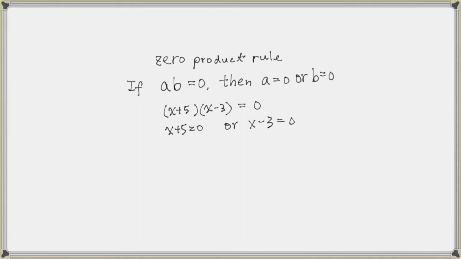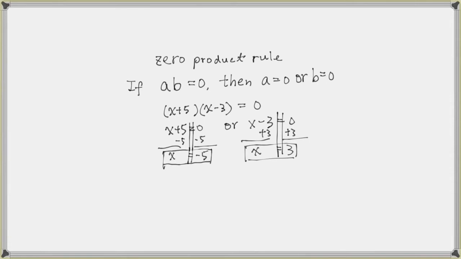For solving x plus 5 equals 0, we have to subtract 5 from both sides. We get x equals negative 5. For solving x minus 3 equals 0, we have to add 3 on both sides. Then we get x equals 3. That's the two x's for this equation.